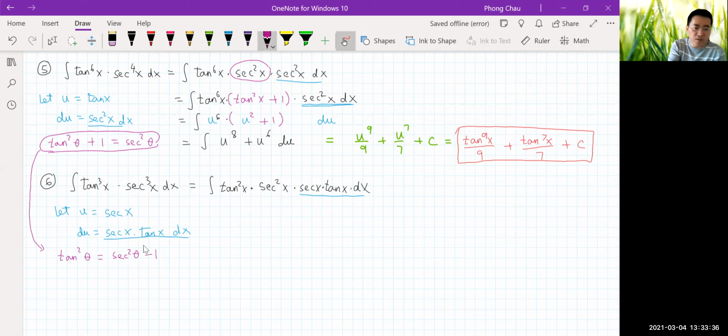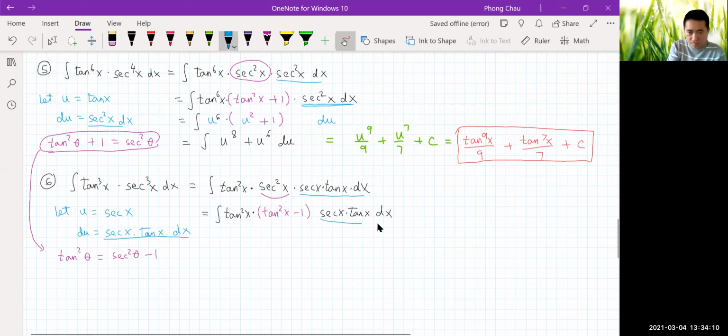So tangent squared is secant squared minus 1. And now look how I change it. That integral is tangent squared, which is secant squared minus 1, times secant x times tangent x times dx. That will be a du.